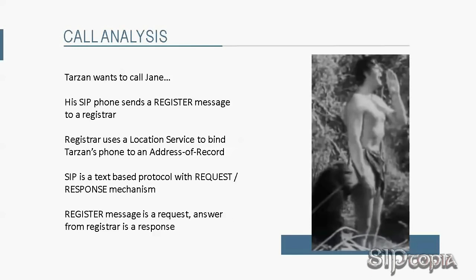When he starts his SIP phone, the phone needs to somehow let itself be known so that others can reach it. For this purpose, it sends a register message to a registrar, which in return uses a location service to bind Tarzan's phone to an address of record that others can use to send calls to.